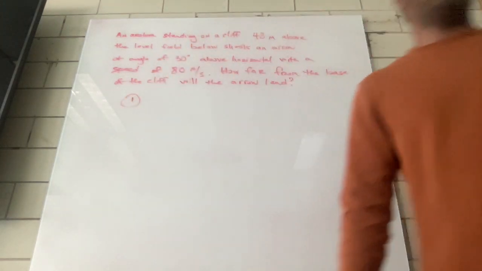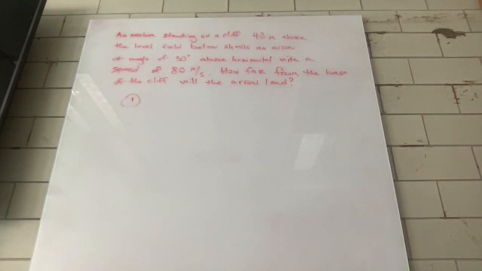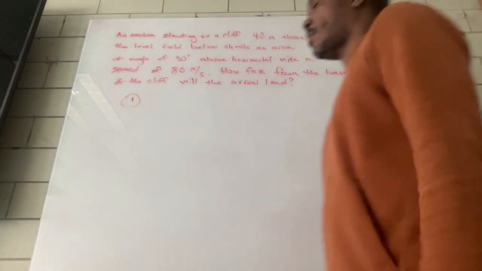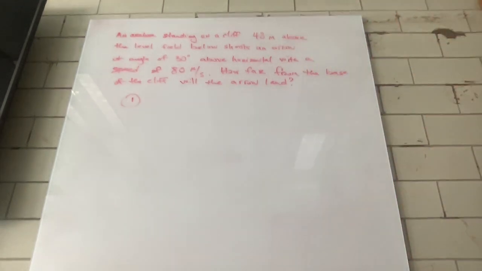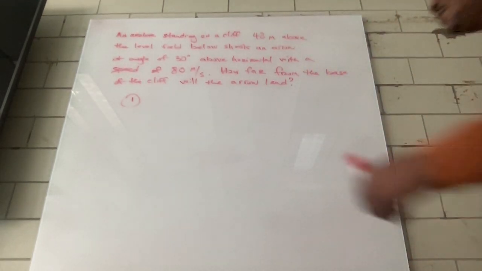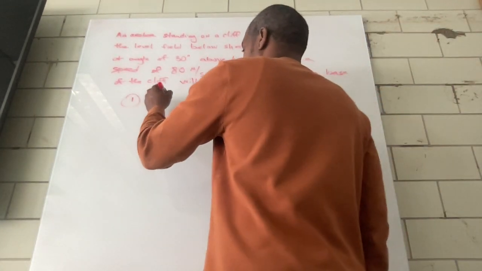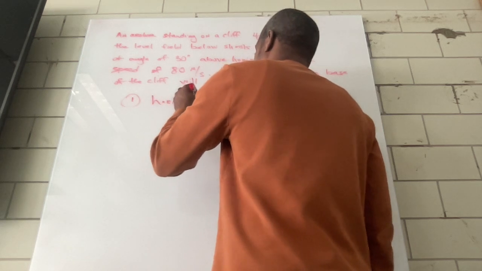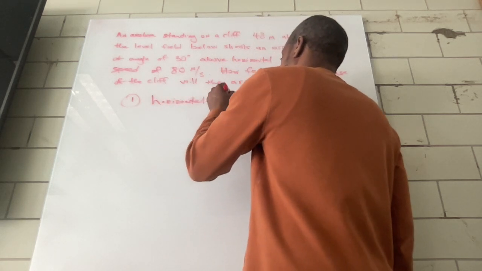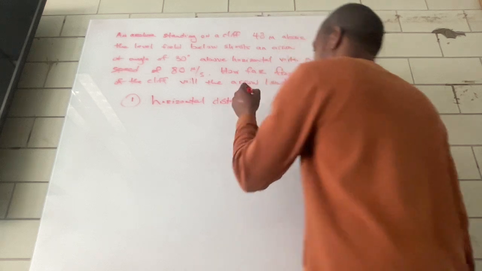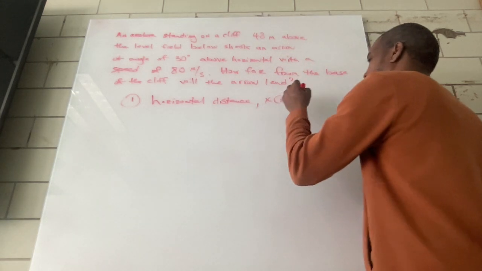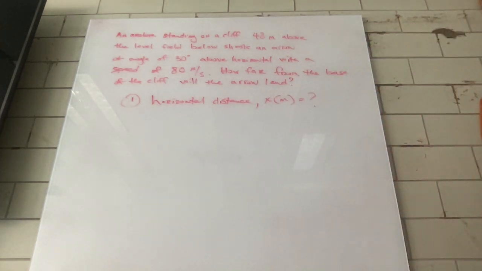What is it? The distance the arrow travels, so X. The horizontal distance, right? X meters.